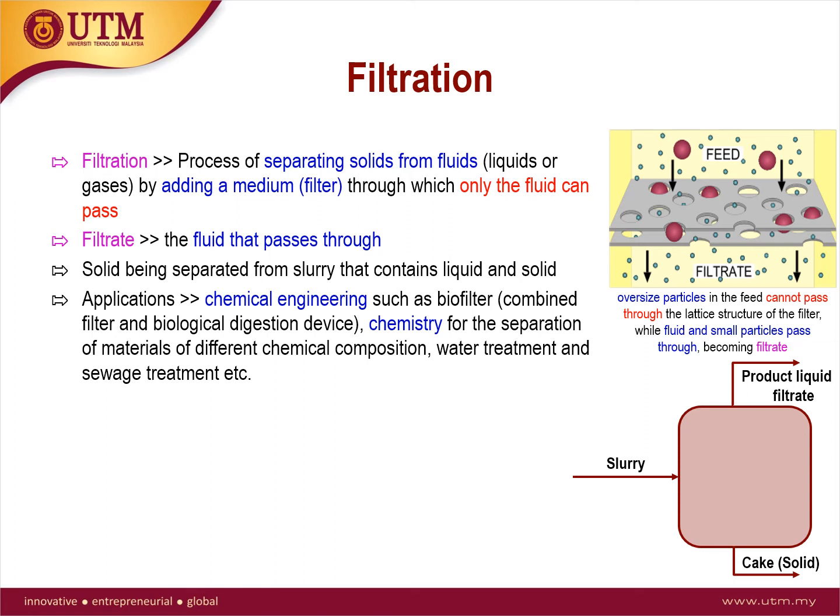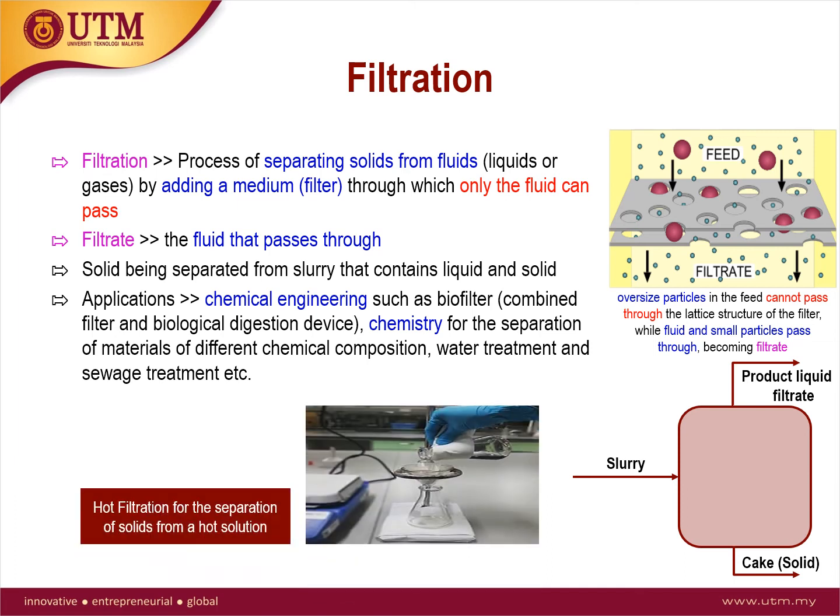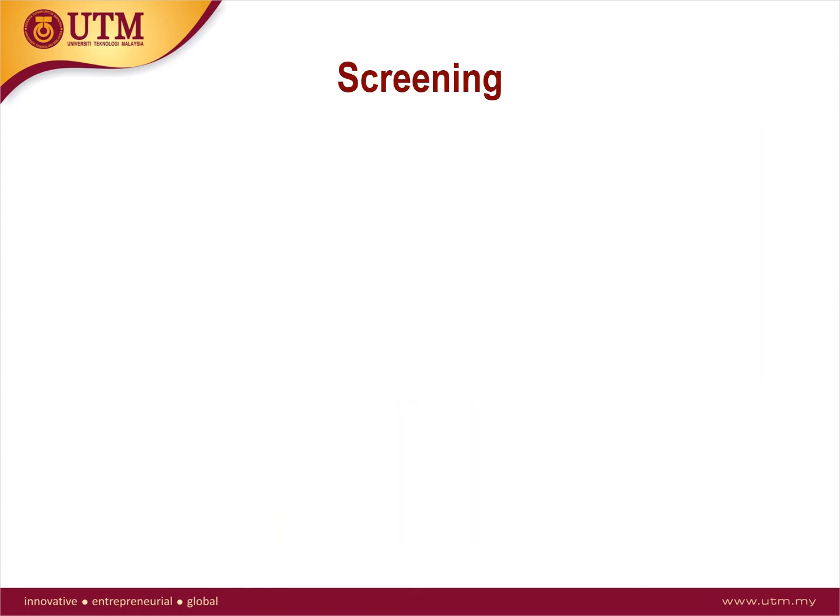In the laboratory, a Buchner funnel is often used with a filter paper serving as the porous barrier. Air filters are commonly used to remove airborne particulate matter in building ventilation systems, combustion engines, and industrial processes. Then, we learn about the screening process.